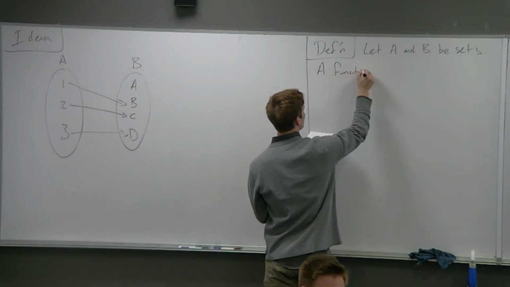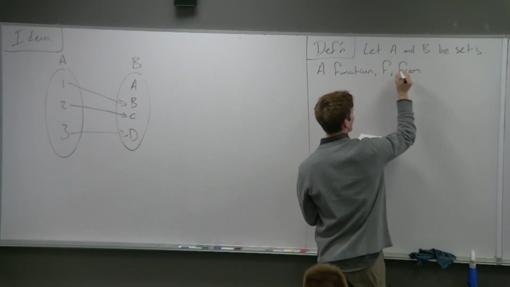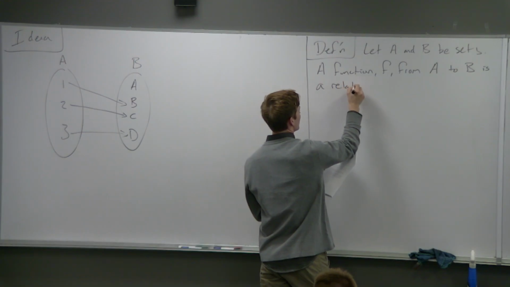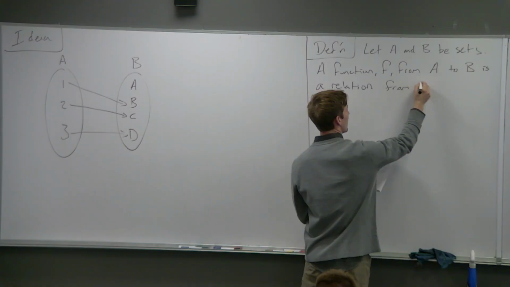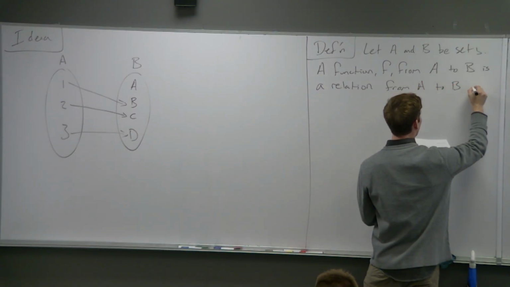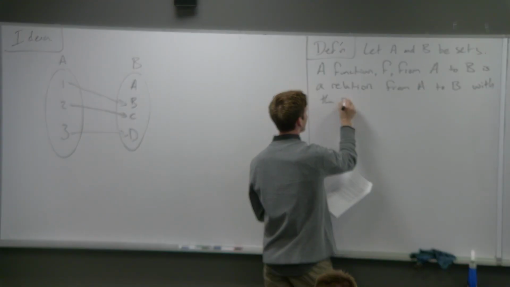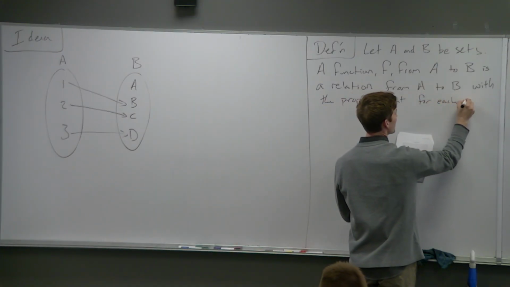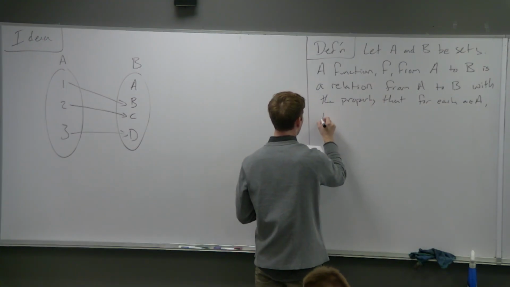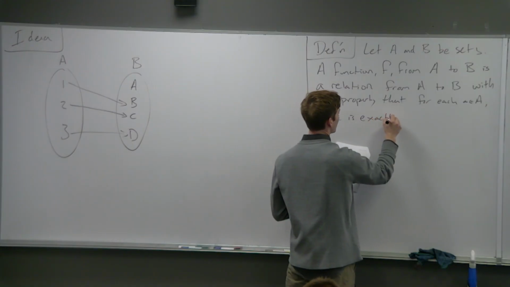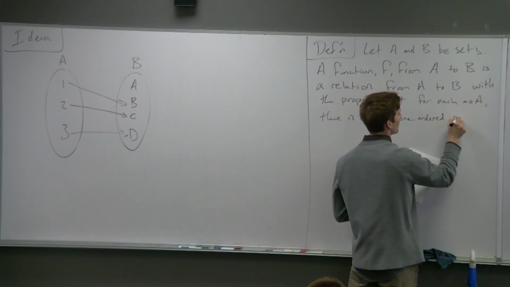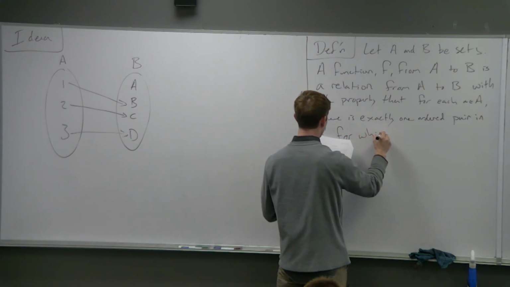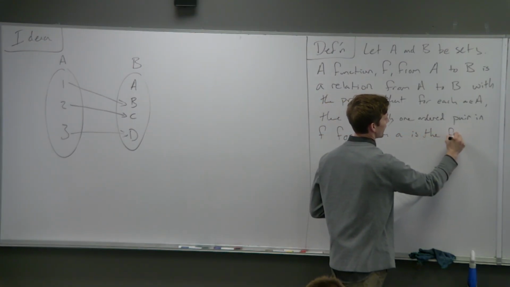A function f from A to B is a relation from A to B with the property that for each a in A, there is exactly one ordered pair in f for which a is the first coordinate.